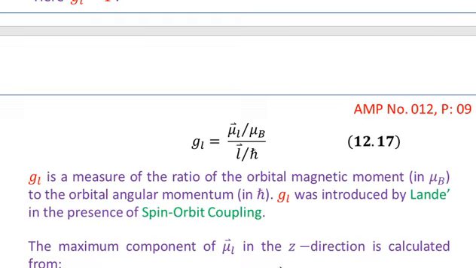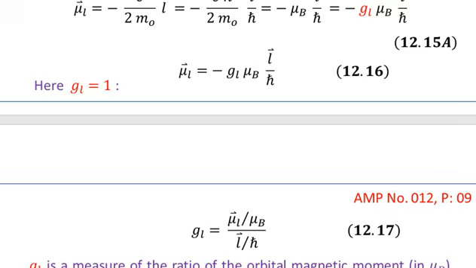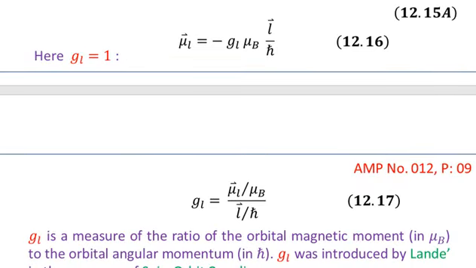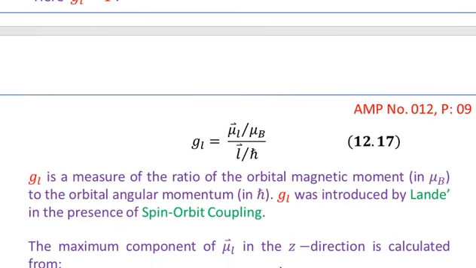Now you see that from equation number 16, you can solve for the definition of the parameter GL, which is shown in equation number 17. So GL is equal to, I have dropped the negative sign because that is not very important, mu L divided by mu B, and in the denominator I have the vector L divided by h bar. You know that mu L is measured in mu B, and the vector L, which is the orbital angular momentum, is measured in terms of h bar.